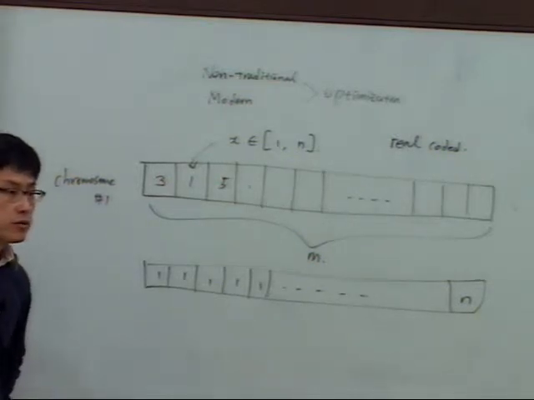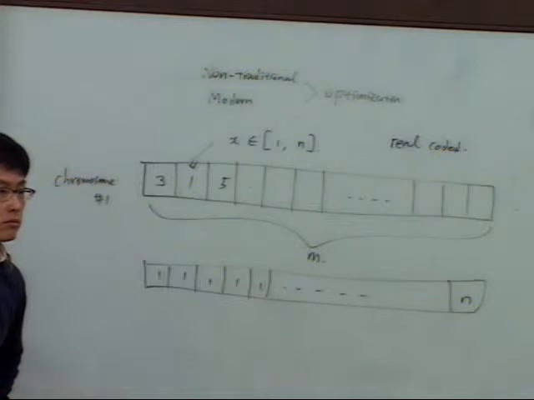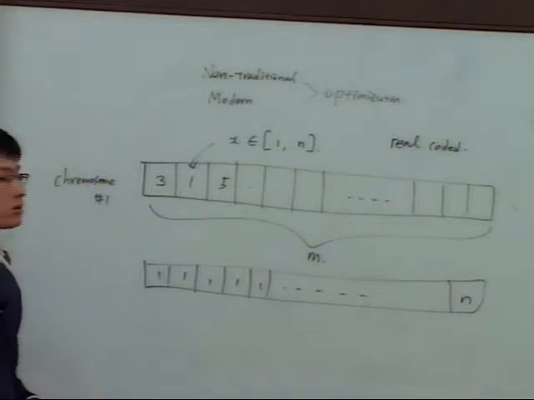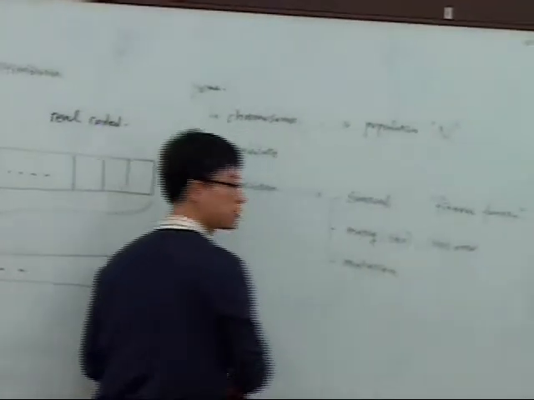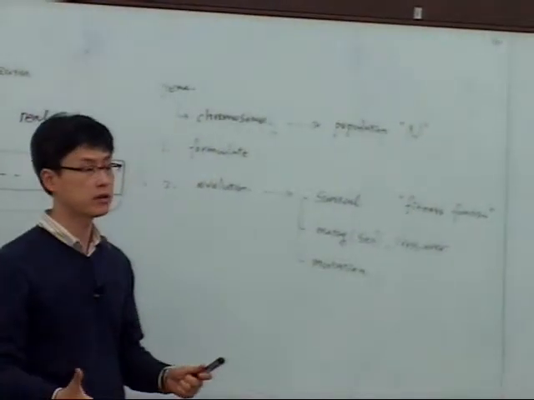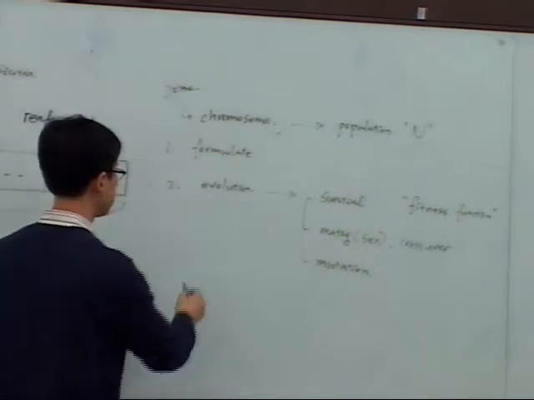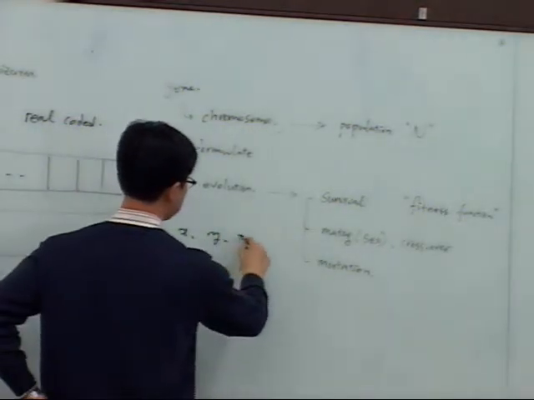Is there any rule to design this chromosome? No, really. As long as your chromosome completely models or completely represents the solution, then anything is possible. For example, in your optimization, your situation is you have to deal with 3 different variables like x, y, and z.